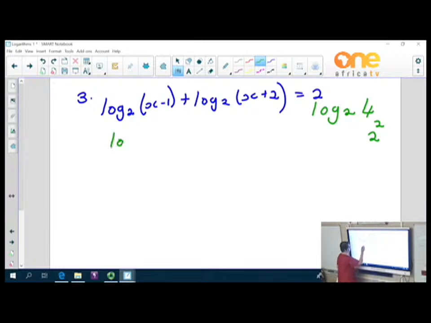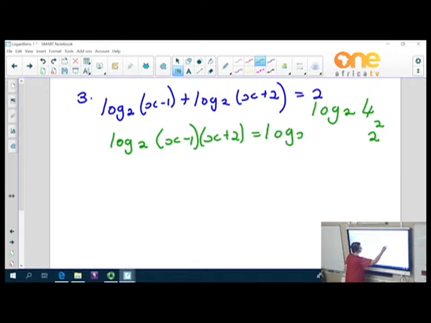Now applying my log laws, so log 2, x minus 1 times x plus 2 is equal to log base 2 of 4. Changing the number value to a log, and it is base 2, that's why it's a 4 there. And what we can do now is to cancel the logs on both sides.